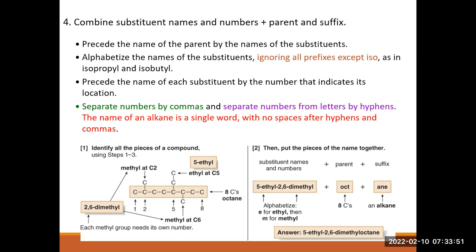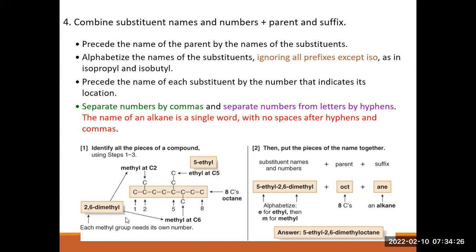So let's see. Longest chain. Then let's check the substituents. We have one at C2. We have one at C5. We have one at C6. And the whole chain, of course, the parent chain is 8 or octane. Therefore, if we're naming it, we said that separate numbers by commas.